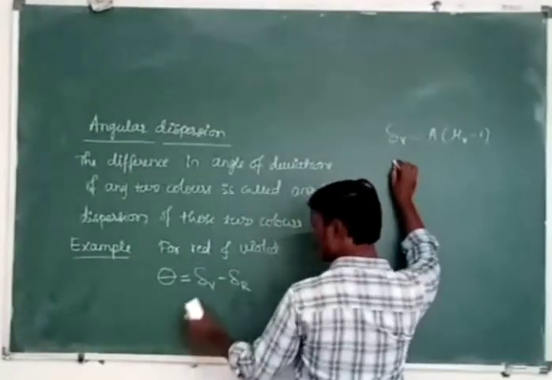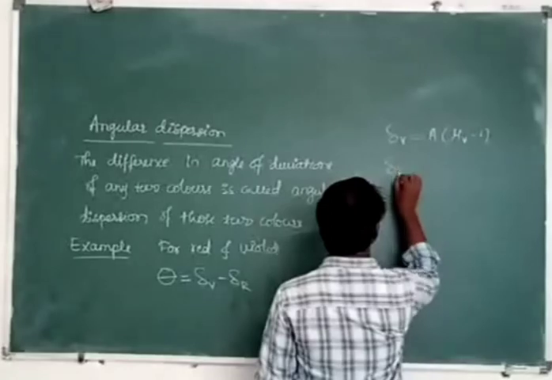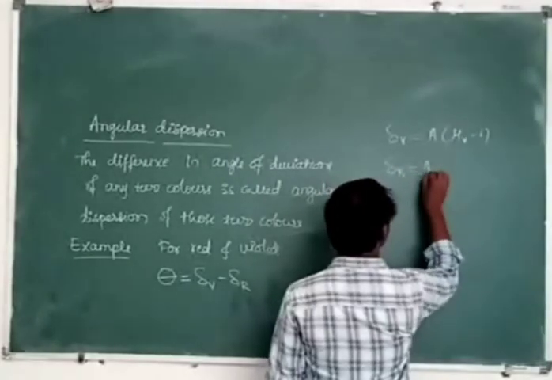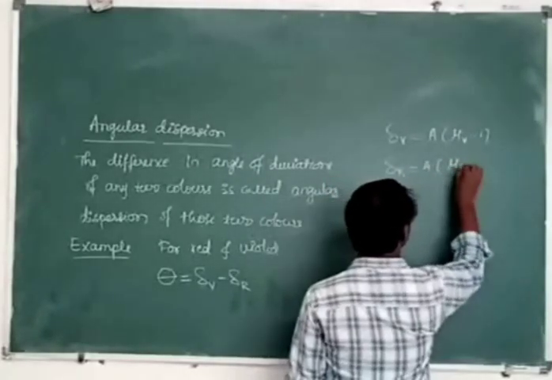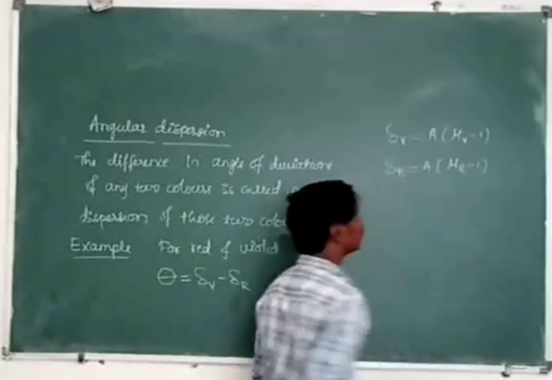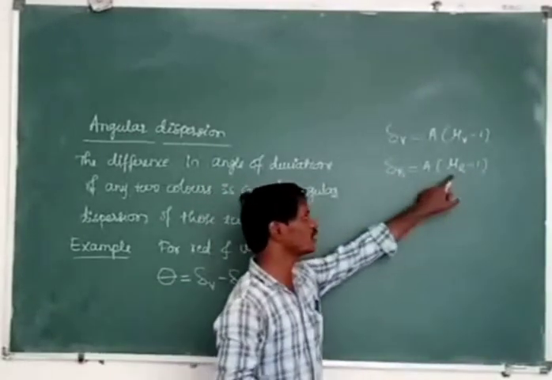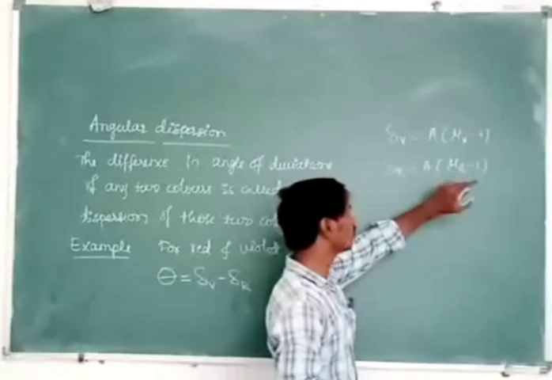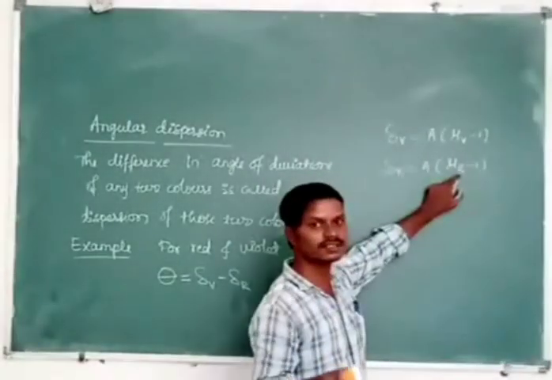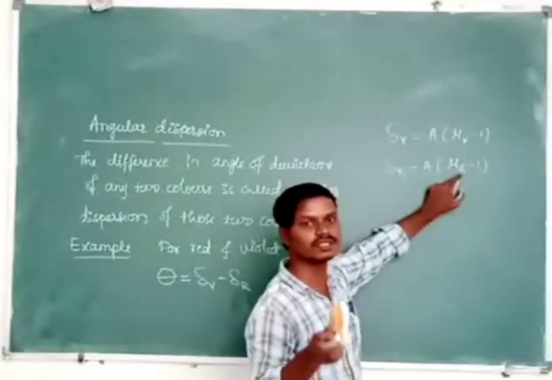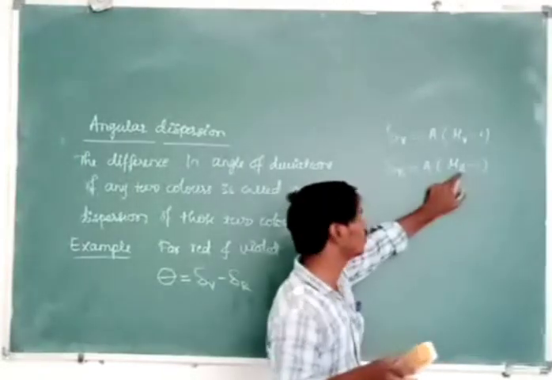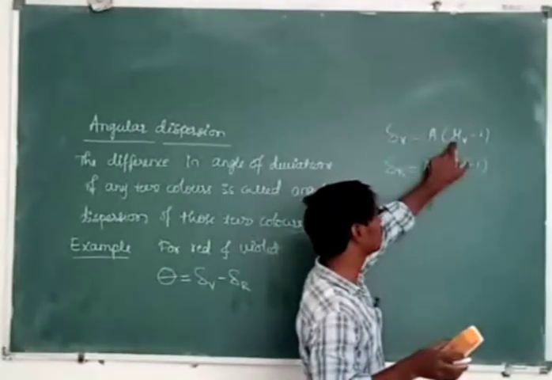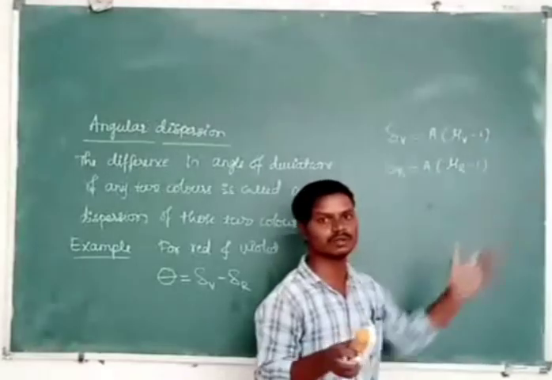Then what about delta R? It is the angle of deviation for red color, that is A into mu R minus 1. Here mu V is greater than mu R. The refractive index of the material of the prism for red color is less, and for violet color is more.